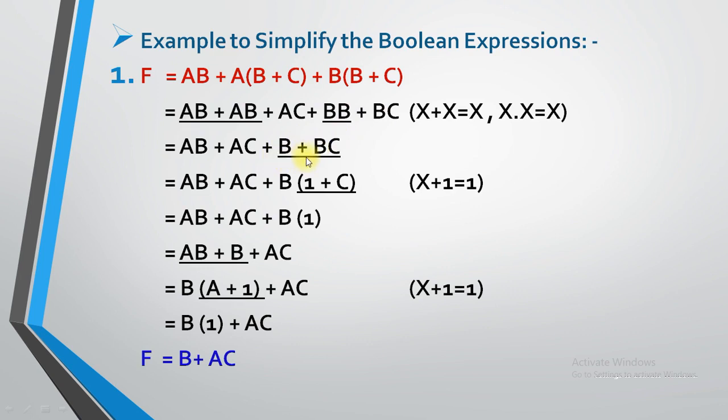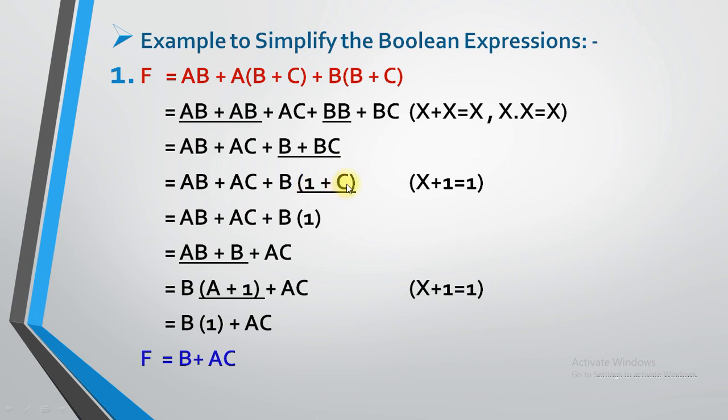Now see the underlined term, b plus bc. So I can take b as a common factor. So b I have taken out of the given term, and over here there is no variable, so I need to write 1, and plus c from this particular term.